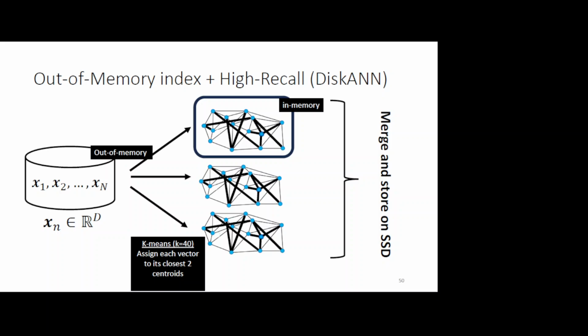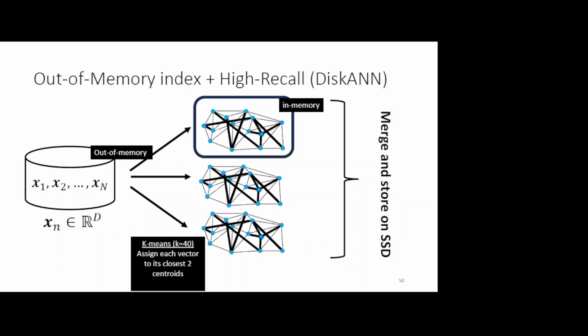So it means I build 40 clusters. For each cluster I use a graph to build the index structure. You can imagine that I have 40 graph structures here, and only one is loaded in memory.